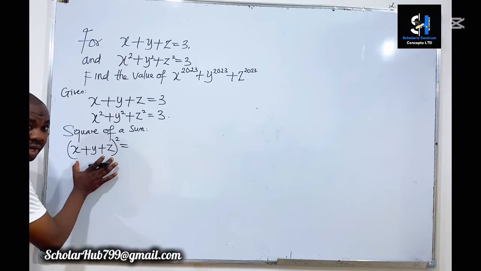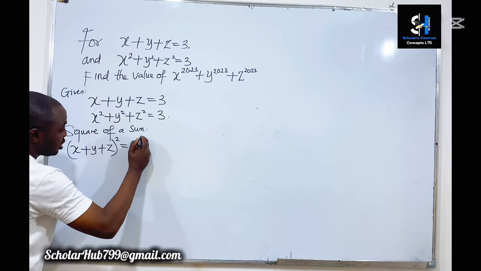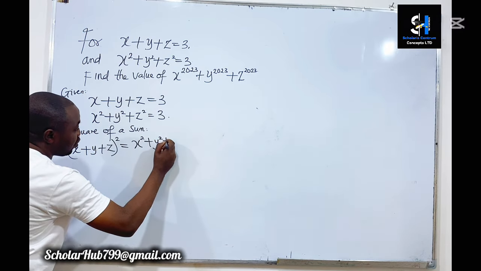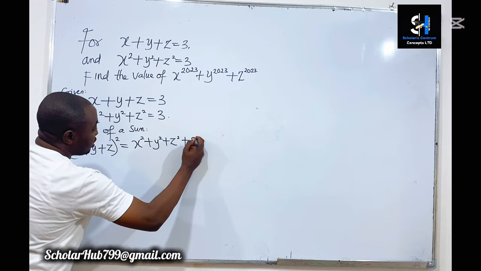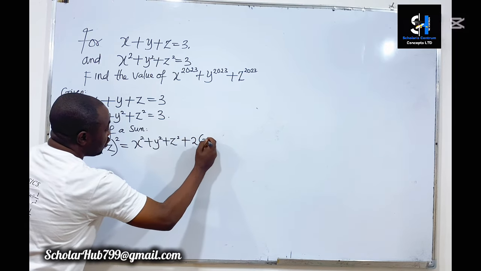If we expand this identity, we get x squared plus y squared plus z squared plus 2(xy plus xz plus yz). Then we can substitute the values of x plus y plus z and x squared plus y squared plus z squared into this.